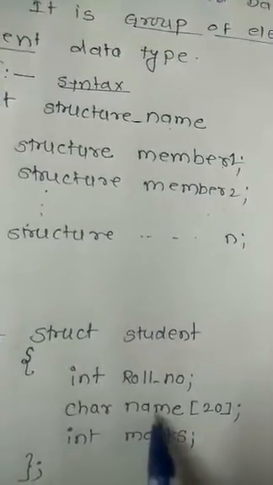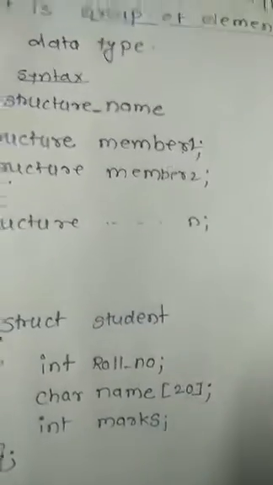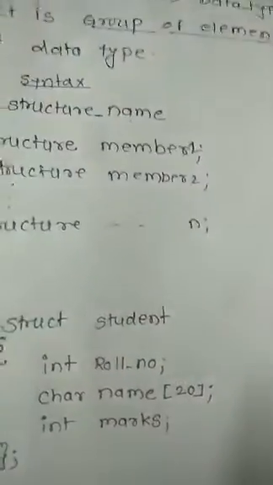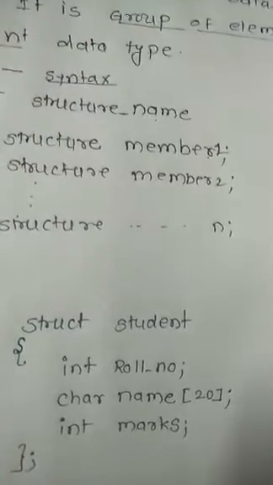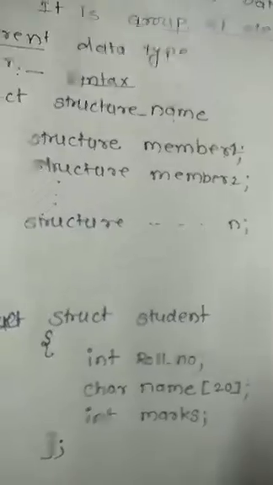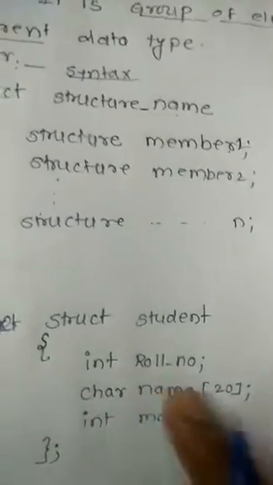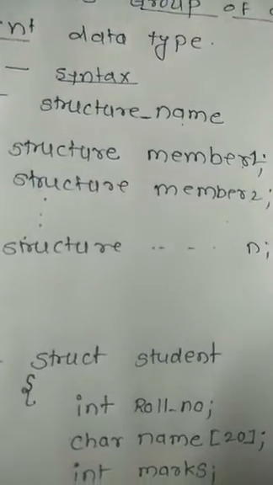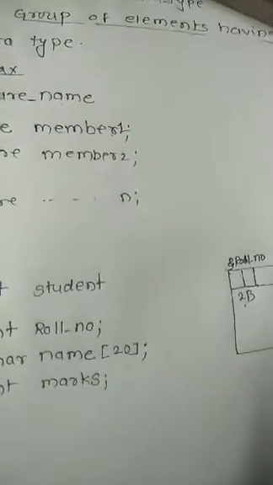Now next is my character name. It is char name, and here is the array. An array takes continuous memory locations. So the 20 characters each take 1 byte of memory, which means you require 20 bytes of memory for the address of name.